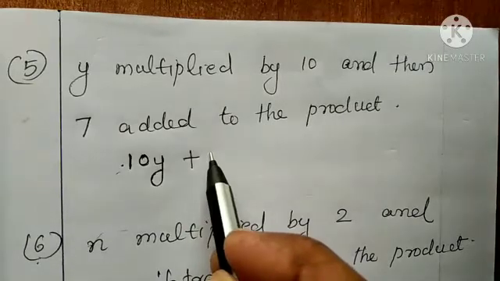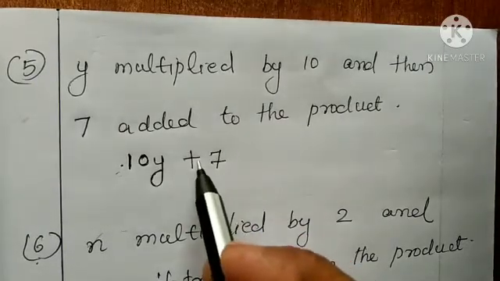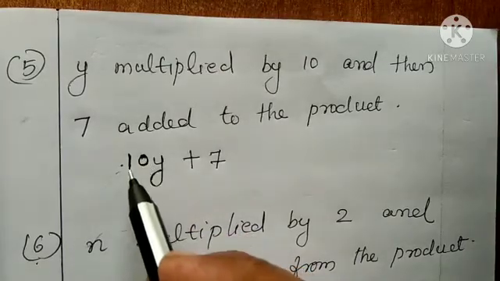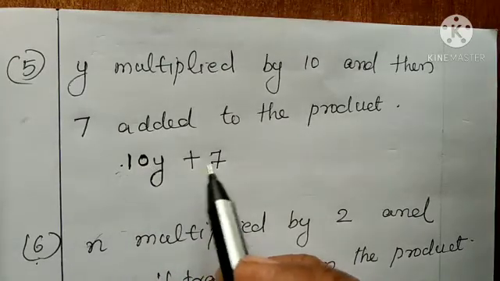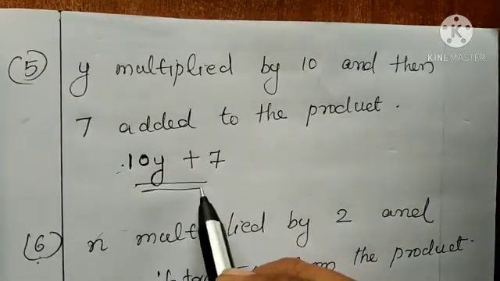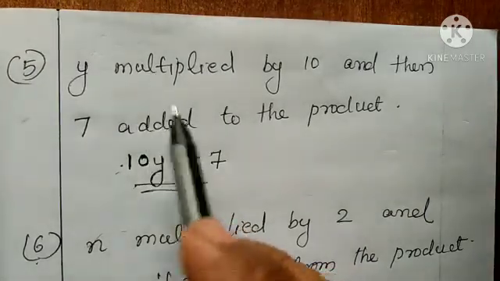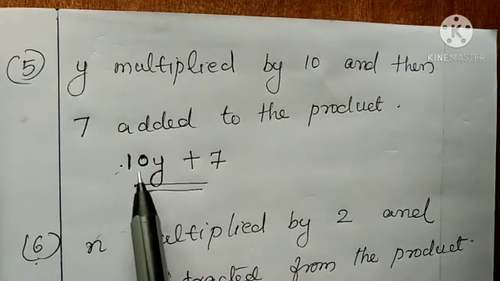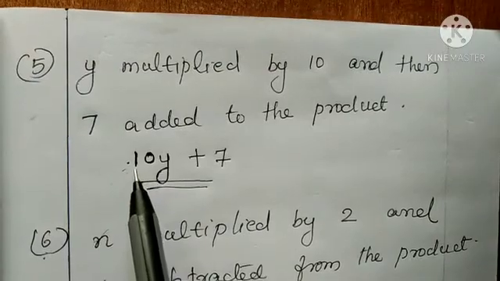How will you write? Plus 7. Added to means plus, multiplied by means into. So 10y plus 7 is the expression for this statement. Understood? This is the statement, this is the expression.